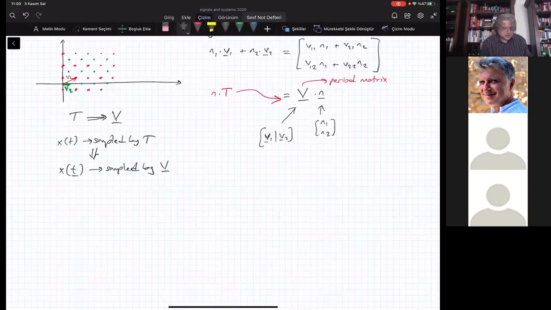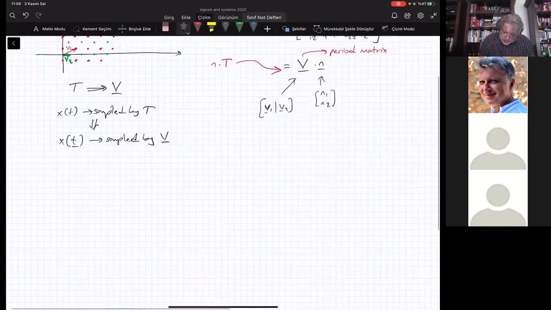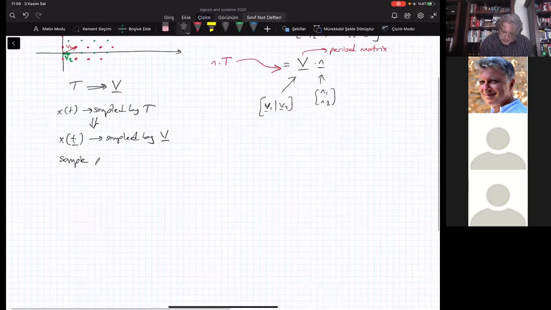So these are the notations that we are going to use. And the sample points will be at the T vector, which is, of course, T1 and T2. Let's be clear about this.